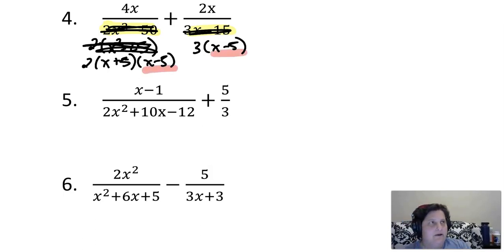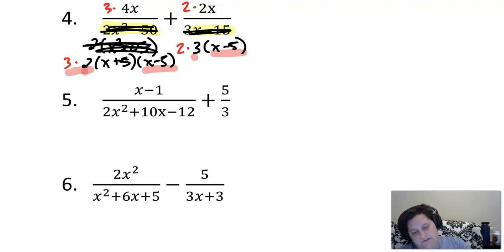So let's start with the numbers real quick, okay? 2 and 3. I do need these to have the same denominator, and the denominator is going to be 6. 2 and 3 both go into 6, okay? So I'm going to go like this. Times 3 on the top and bottom here, and times 2 on the top and bottom here.